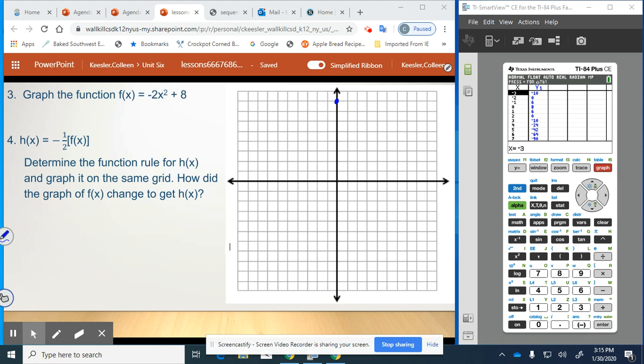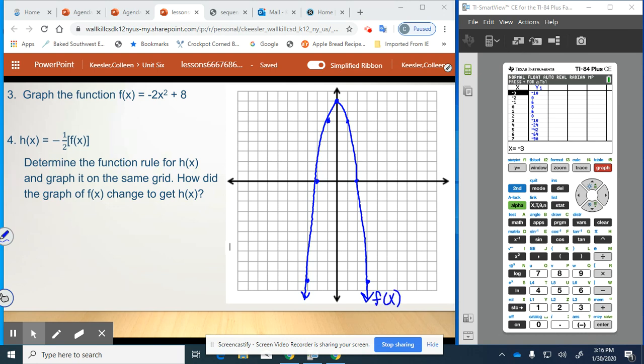And then around that, -1, 6 and +1, 6, -2, 0 and +2, 0, and -3, 10 and +3, 10. So this is a pretty narrow function, and again, that's because of the 2 on the outside. So it looks like that, and we're going to label it f of x again.